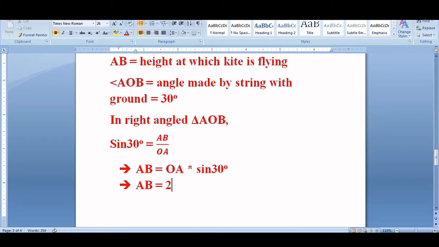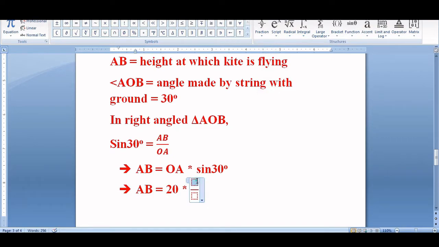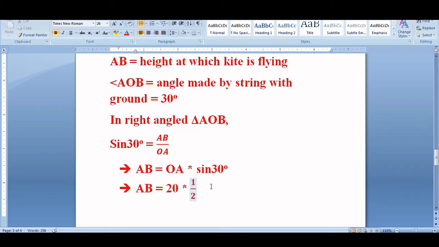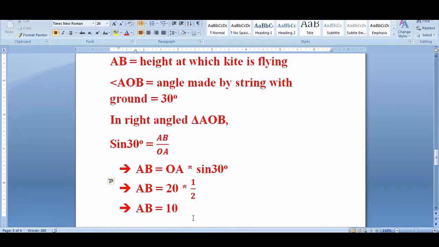OA is 20 meters. So 20 multiplied by what's the value of sine 30 degrees? It's 1 by 2. So here we have to know the standard values of trigonometry. So what's the final answer? AB equals 10. So the height at which the kite is flying above the ground is 10 meters.